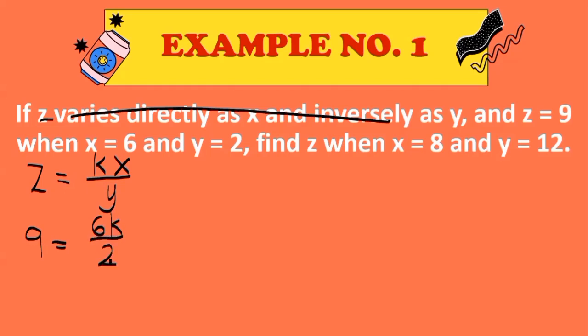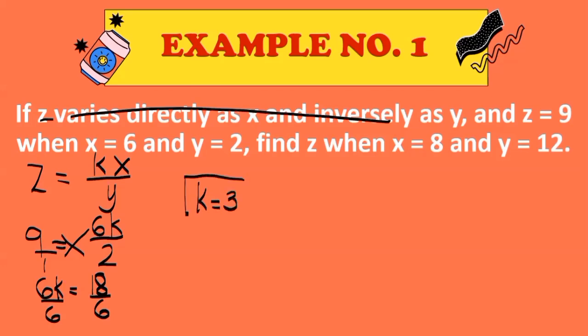Okay? You can now cross multiply this. This is over 1. So you'll have 6k equals 18. Divide both sides by 6. Therefore, k is 3.